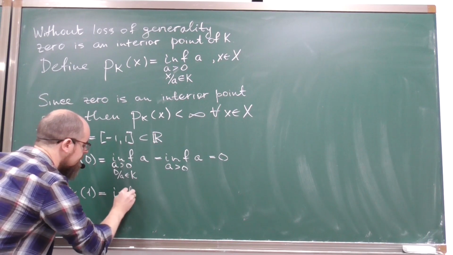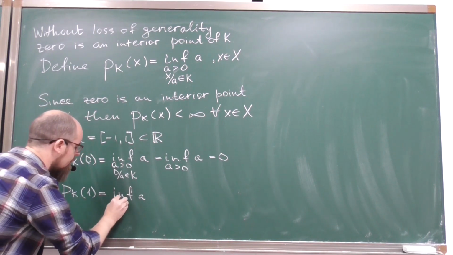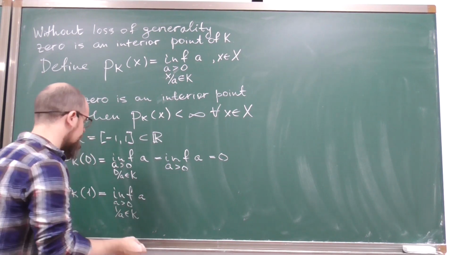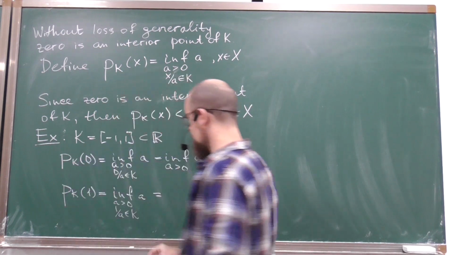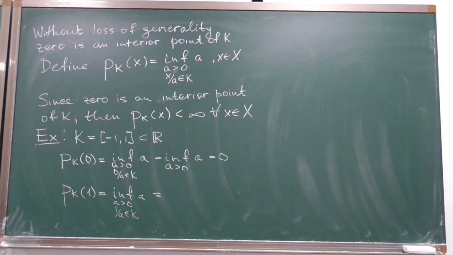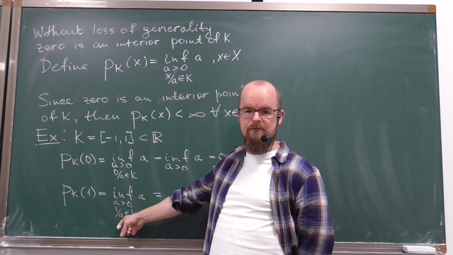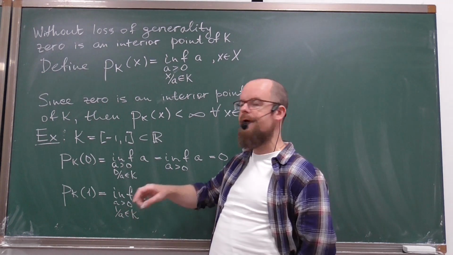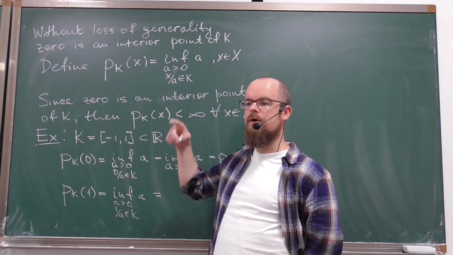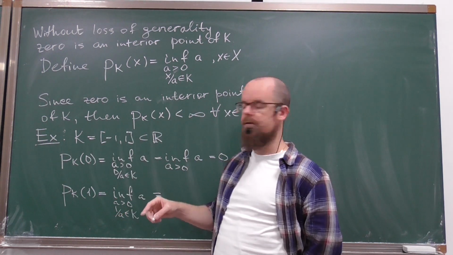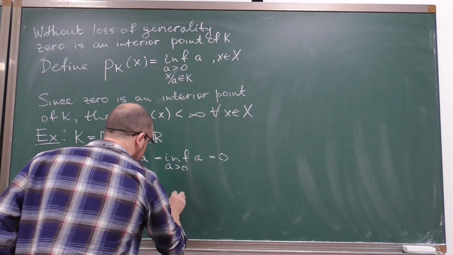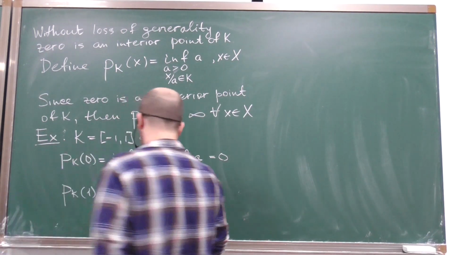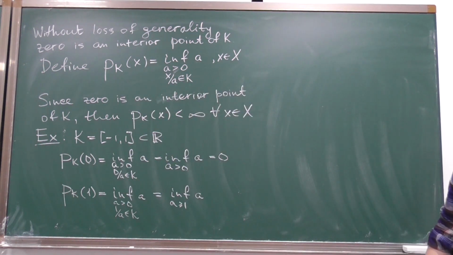So again, we take an infimum of all a positive such that 1 over a belongs to K. So if a is strictly less than 1, then 1 over a does not belong to K. But for any a which is greater than or equal to 1, it does. So in fact we are taking the infimum over all a greater than or equal to 1, which is 1.